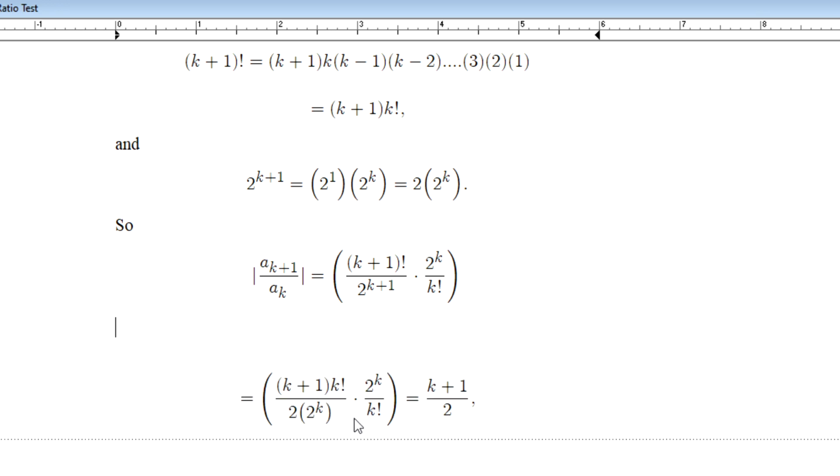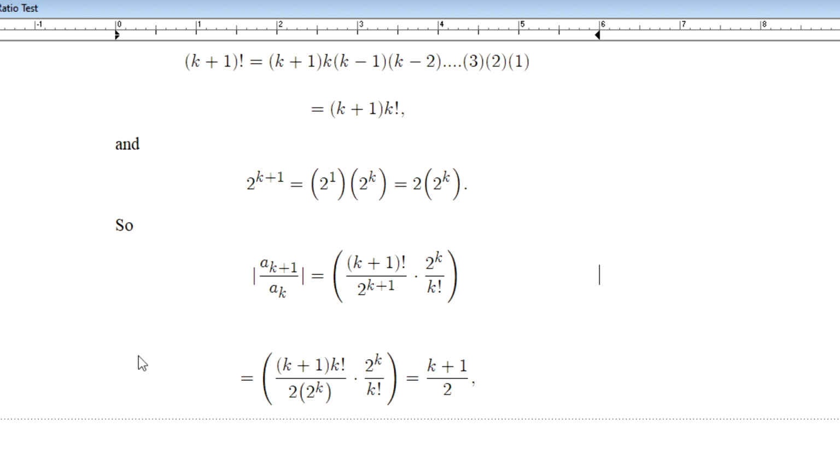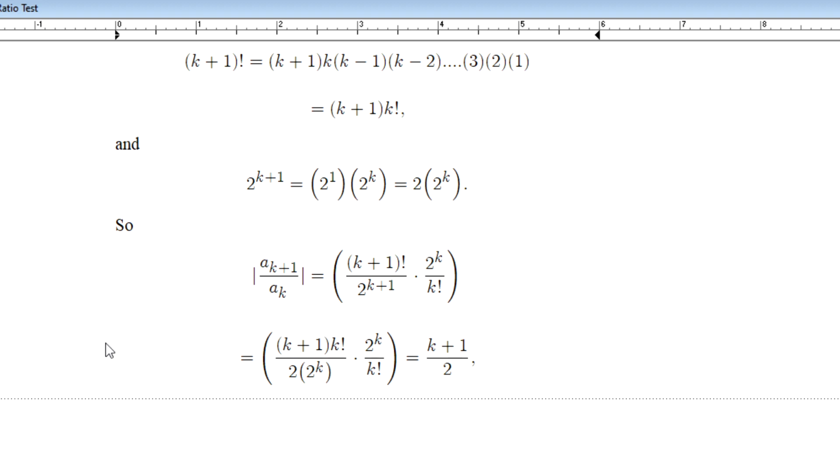If I bring this up into view, as we had noted, that quantity k plus 1 factorial can be rewritten as k plus 1 times k factorial. And this quantity in the denominator here, 2 to the k plus 1 power, can be written as 2 times 2 to the kth power.